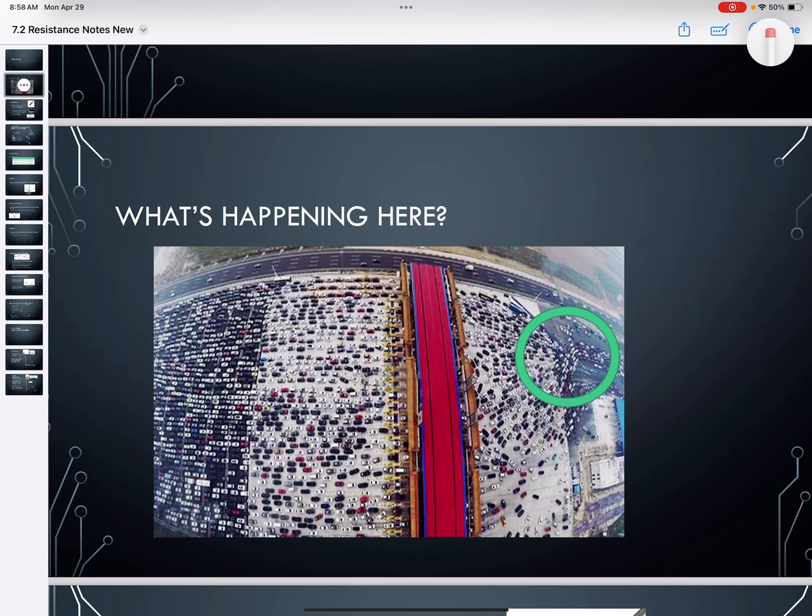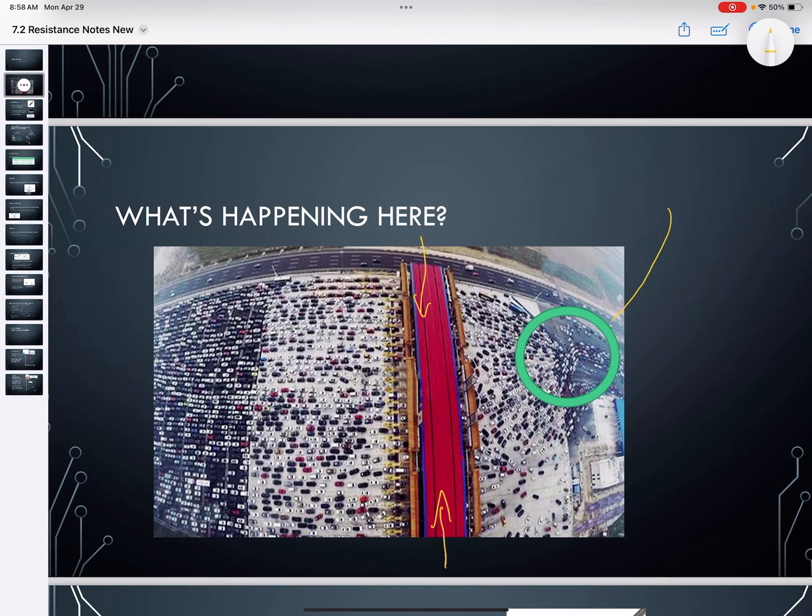Now, this traffic jam happened outside of a city in China. As you can see over here on the left side of this pavilion, there's 25, 30 lanes of traffic going through this location. And on the other side, after they're done going through this checkpoint, this chokes down to, looks like 1, 2, 3, 4, 5 lanes of traffic.